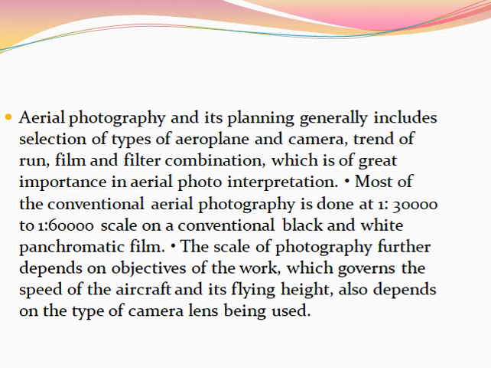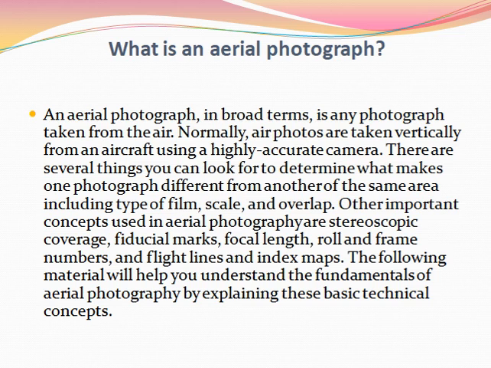Then we are going to study aerial photographs in detail. In this aerial photography, photographs of the land surface are taken from aircraft at a vertical angle. It is viewed stereoscopically in 3D view, that is three-dimensional view.